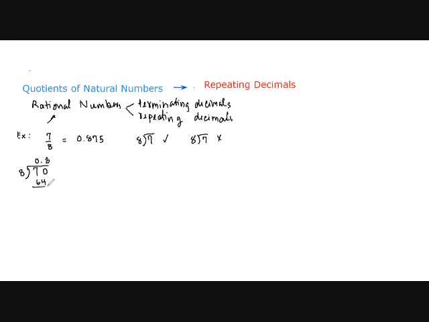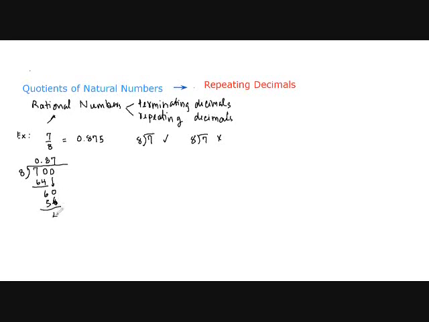So subtract, and we're left with 6. Now 6 divided by 8, you can't do it, so we borrow a 0 here and drag it down, becomes 60. Now 8 times 7 is 56.